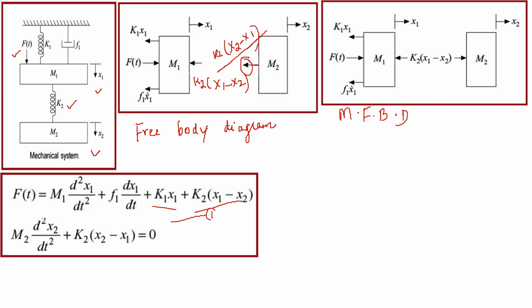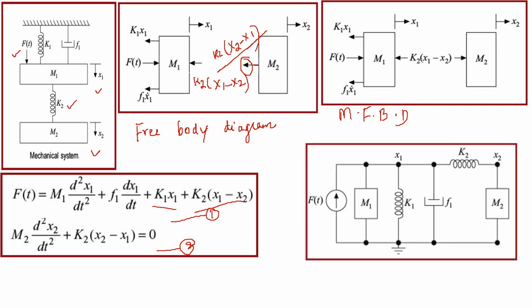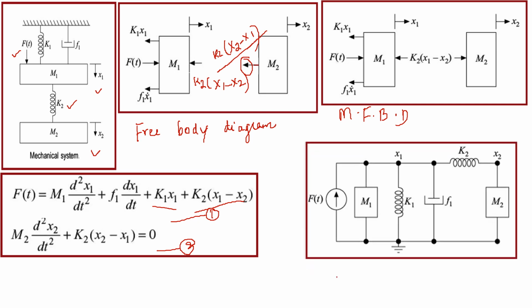This is equation number 1. Equation number 2 is m2 into d square x2 by dt square plus k2 into (x2 minus x1) equal to 0.